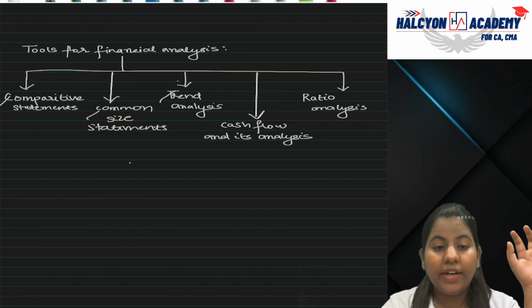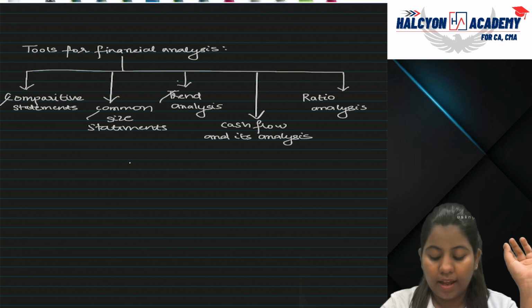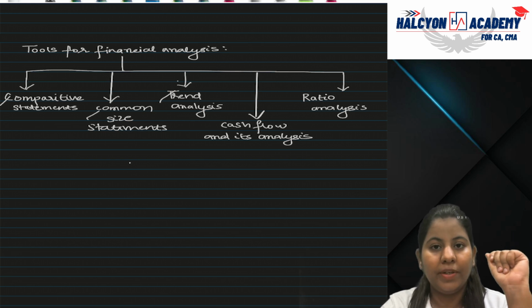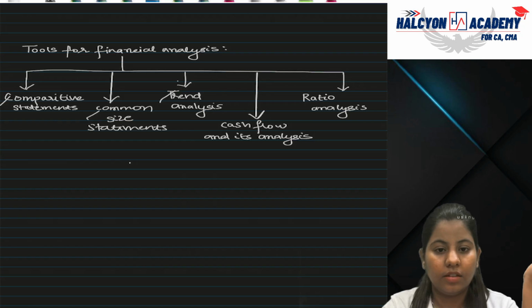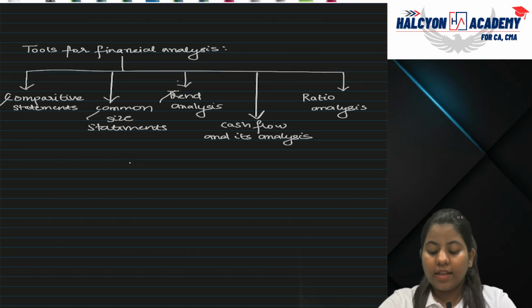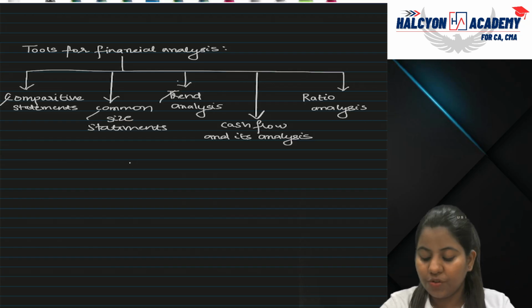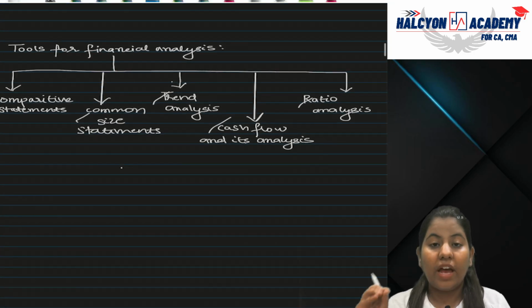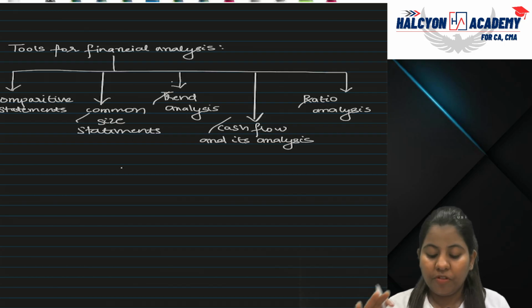Then the third one is trend analysis. And the fourth one is cash flow statement and its analysis. And the last one is ratio analysis. So we have 5 tools for financial performance analysis.